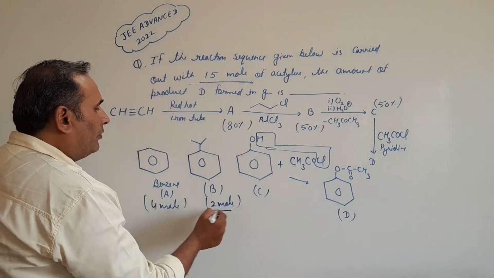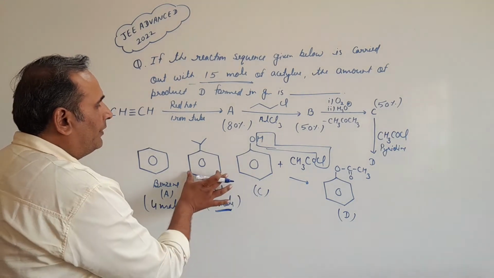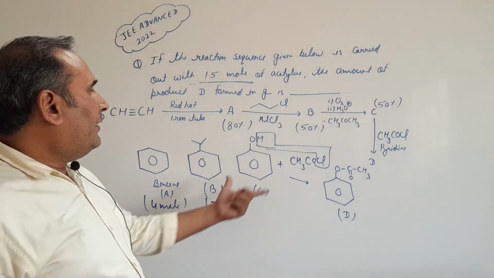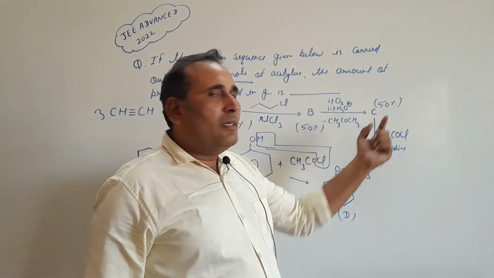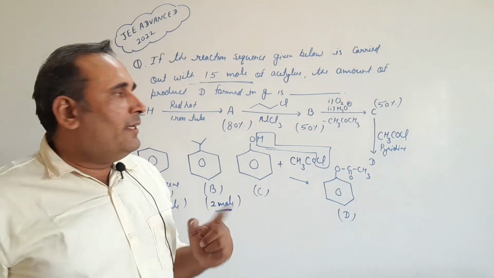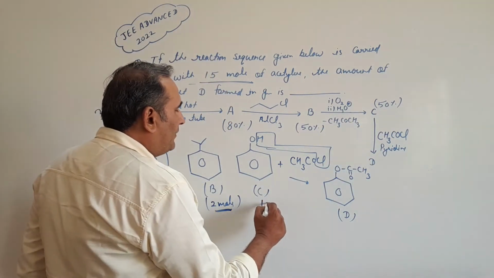Because we have 2 moles of cumene, we should get 2 moles of phenol, but the yield is 50%, so we will get 1 mole of C.